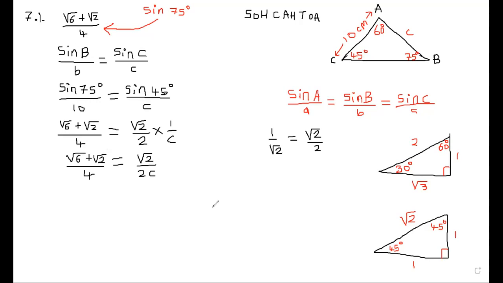Oh, wait, I made a mistake. You see this 10? I did not consider it. So this 10 must come here as well, because the 10 is the value of this small b, and this whole thing is the value of sine B. So we still have to say all over 10. And 10 is like saying 10 over 1.